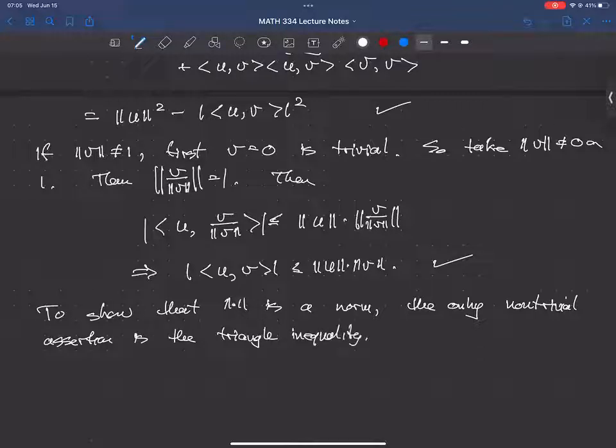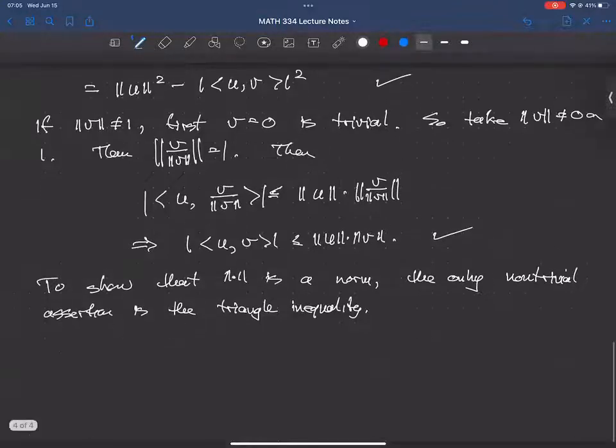Okay, so the other norm properties, homogeneity and definiteness, follow from the properties of the inner product, and so we just have to prove the triangle inequality.